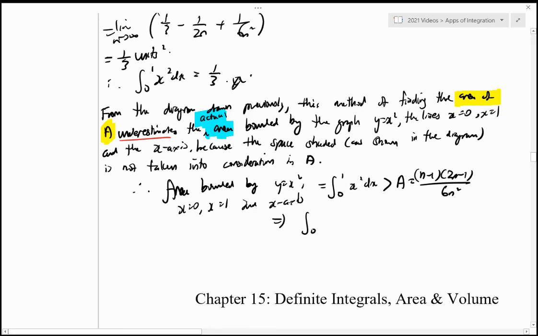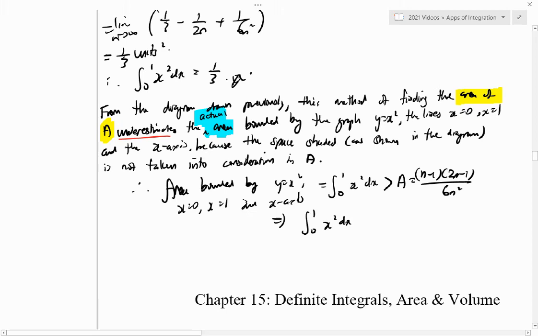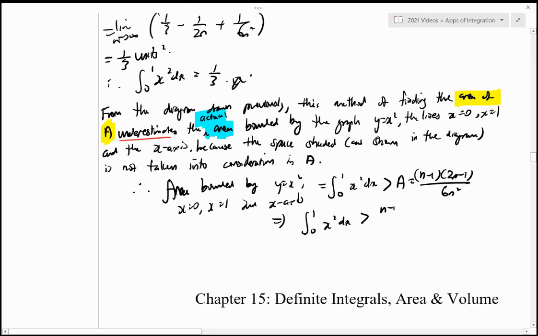That is, the integral from 0 to 1 of x squared dx is larger than n minus 1 times 2n minus 1 over 6n squared.